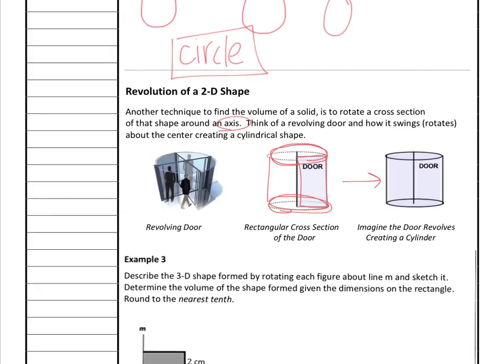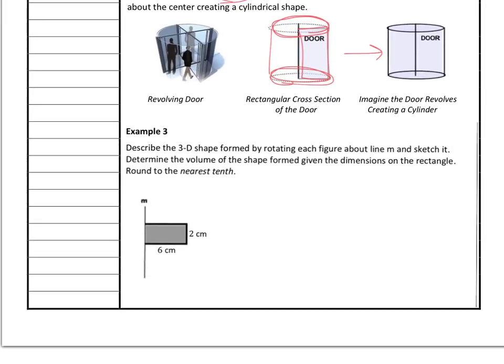Okay, so we've got this example down here at the bottom, example 3. And it says, describe the 3D shape formed by rotating each figure around the line M and then sketch it. And then determine the volume of the shape given the dimensions on the rectangle. So in this first case, we've just got a rectangle. And it's like that door that we just saw in the previous example, where it's going to just rotate around this hinge essentially forever, and the bottom rotates as well.